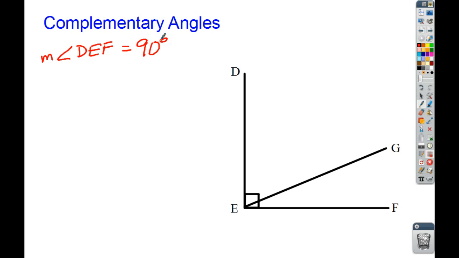Okay. Now I'm going to look at this and I'm going to say, okay, well, this big angle DEF actually can be created, or split, into these two other angles.